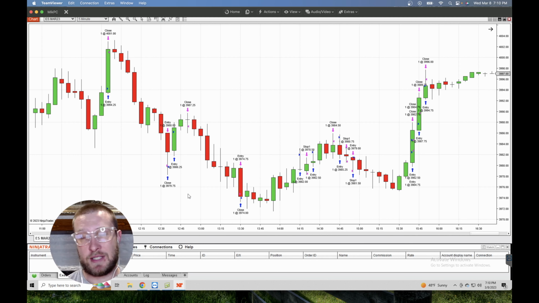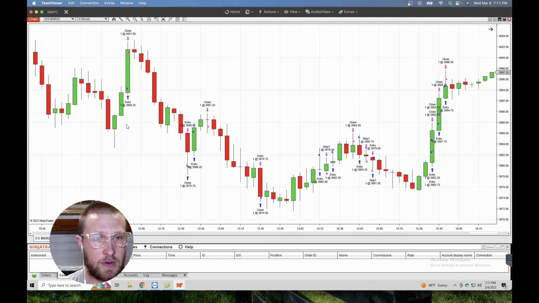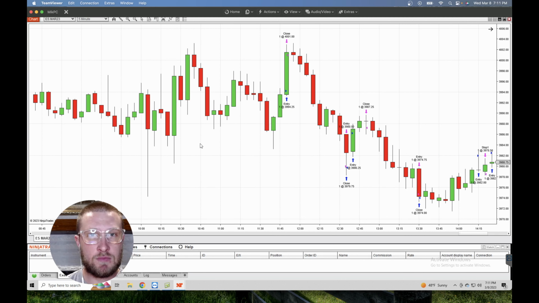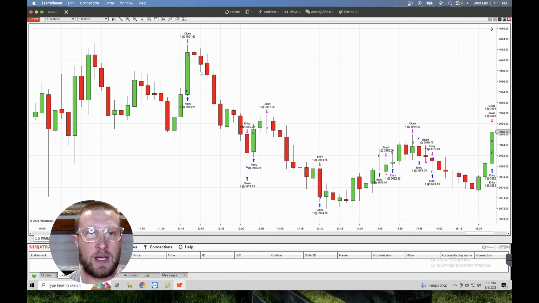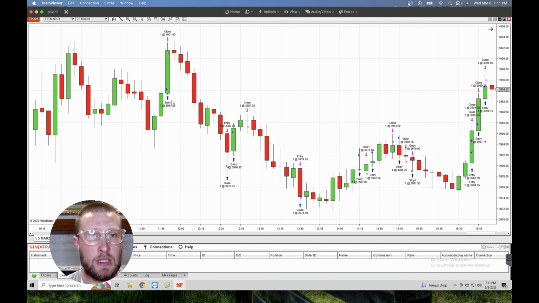Otherwise, I'm going to try to break down what we're looking at here because it can be a little bit overwhelming. It obviously was for me. So my first trade of the day, which was my best trade of the day, came roughly at around 11:45. We had been doing a whole lot of nothing for a while. We did end up having an increase in volume here.